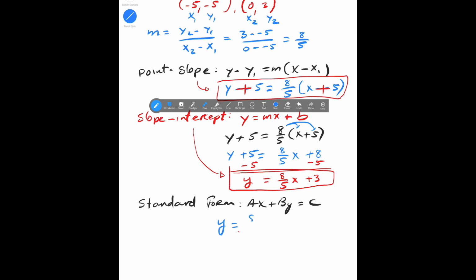Y equals 8 over 5x plus 3. You got to move the 8 over 5x to the left side. So positive becomes a negative when you move it over. Carry down the y equals 3.